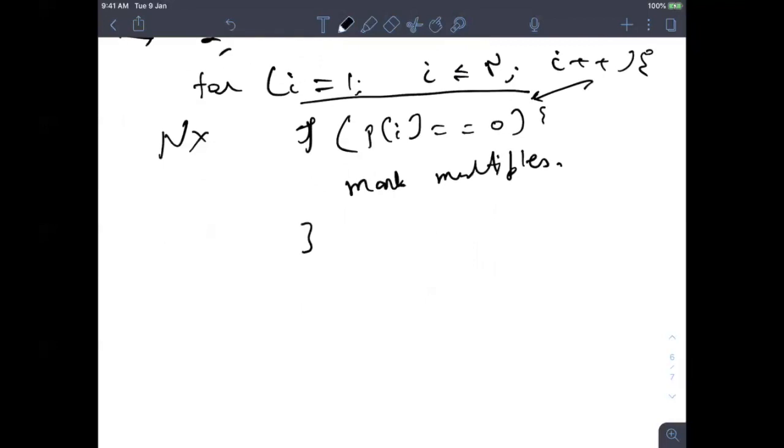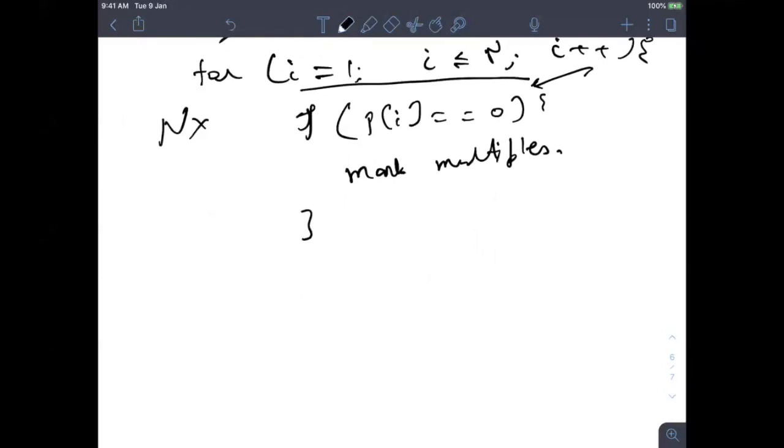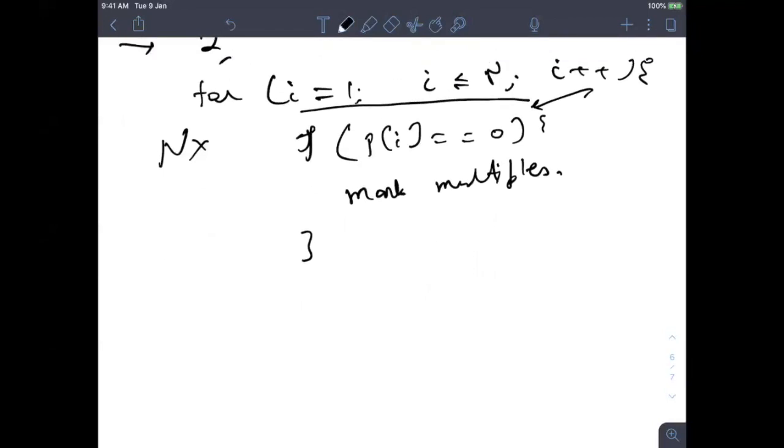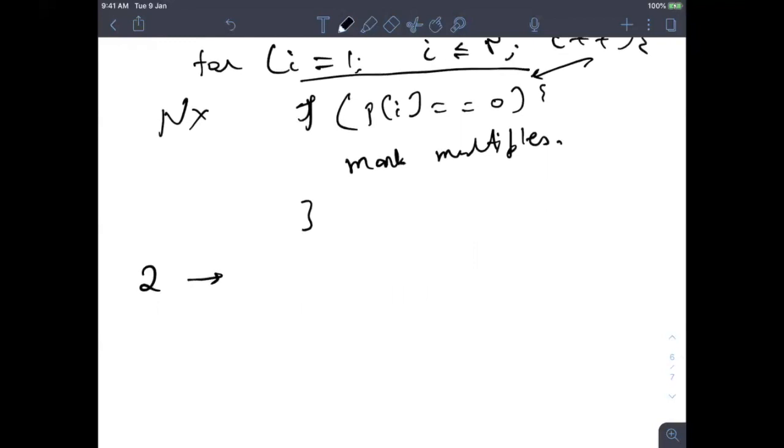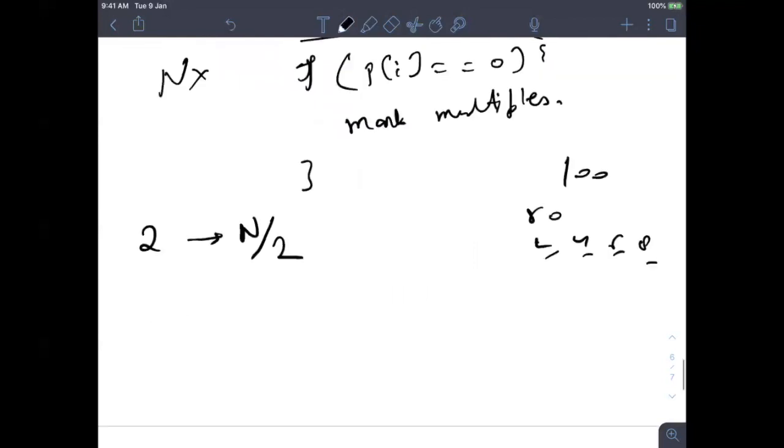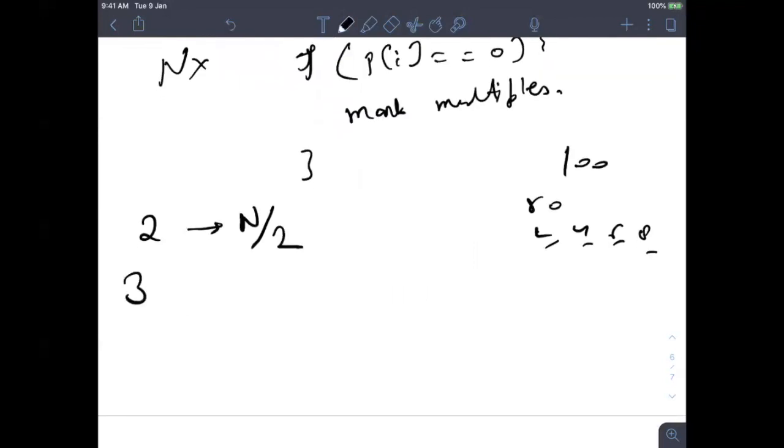So for 2, how many multiples will there be till n? You can directly get a formula: n by 2. For 100 there will always be 50, because 2, 4, 6, 8. It's a formula that you can remember. For 3, the number of multiples till n will be n by 3.